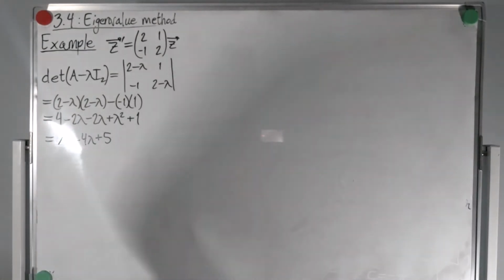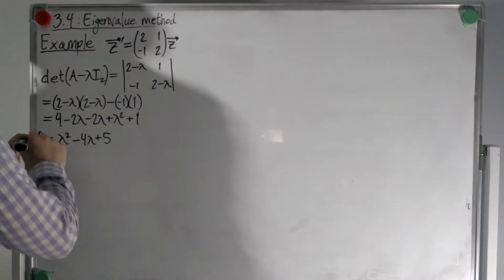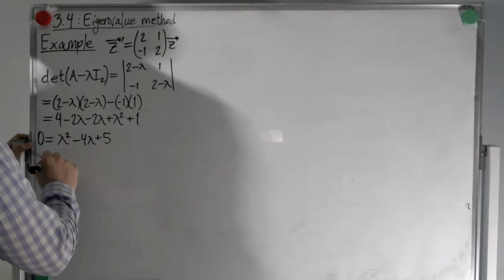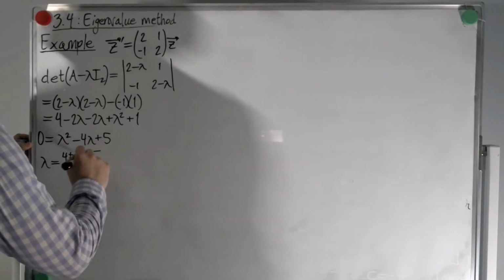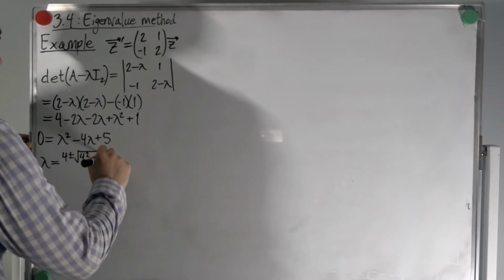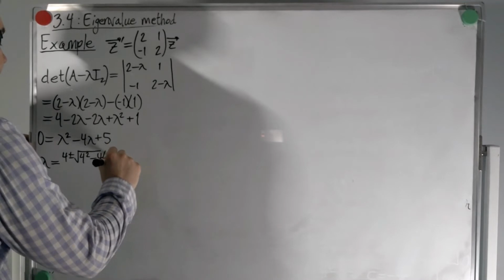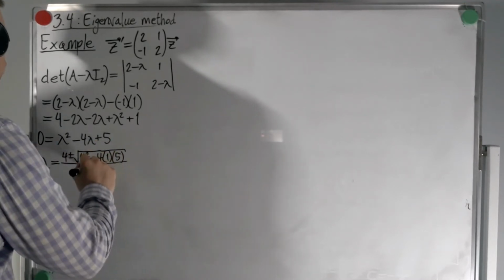So you look at this for a moment and you realize that it can't be factored, so you use the quadratic formula. Lambda equals 4 plus or minus the square root of 4 squared minus 4 times 1 times 5, divided by 2 times 1.